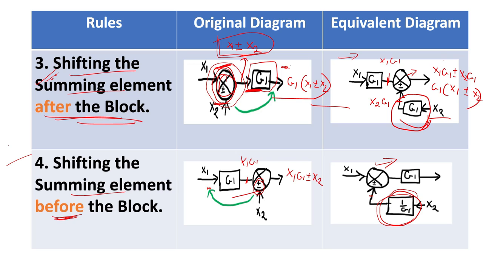So here the output will be x2 upon G1. And then after the summing element, the output will be x1 plus minus x2 upon G1. And after this block G1, the output will be G1 into x1 plus minus x2. So you can see that the output in both the cases is the same. So in order to shift the summing element after or before the block, you have to add the appropriate additional block, as you can see.